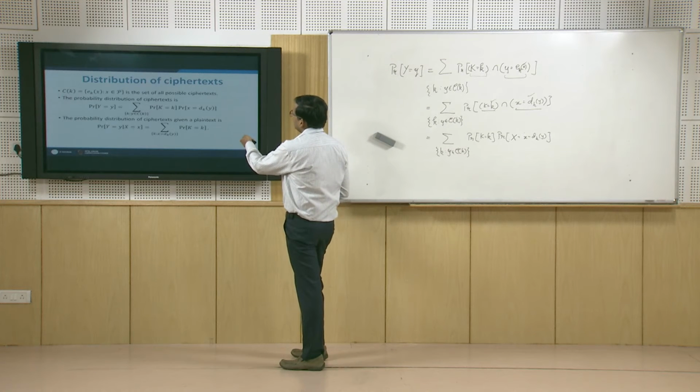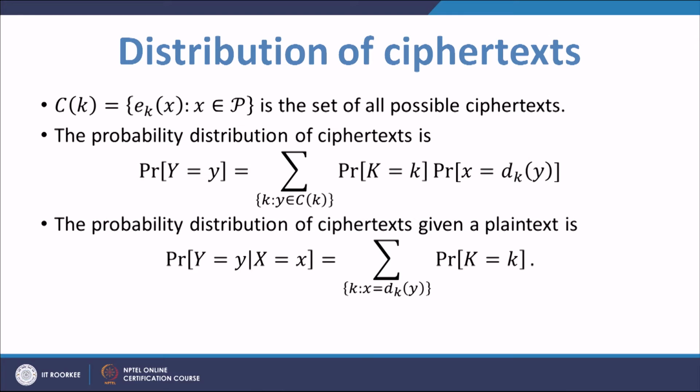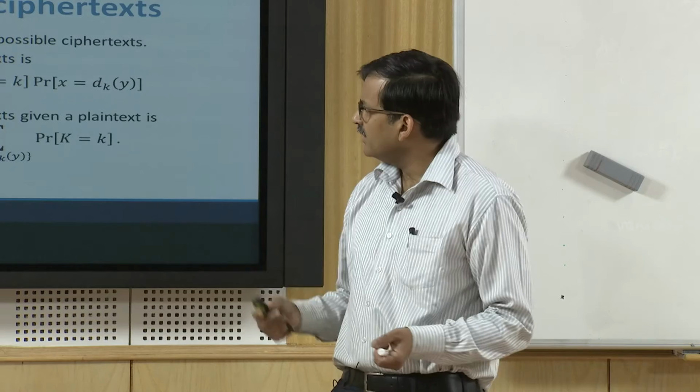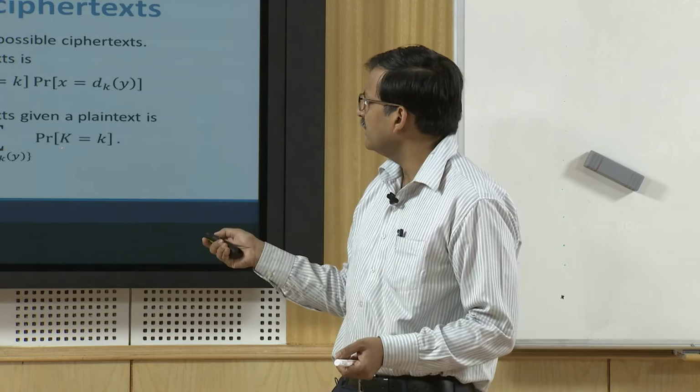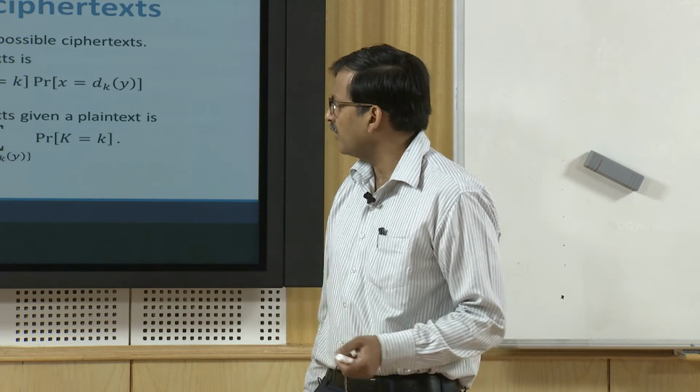So, please read that it is capital X equal to small x equal to d_k(y). Now, that is the probability of Y equal to small y, and then we have another probability over here, that is a conditional probability: suppose we know that X is equal to small x, then what is the probability of Y being equal to small y, and that is exactly the probability that you have a k such that d_k(y) equal to x. So, we sum over all such k's, and if we sum over that we get this conditional probability.